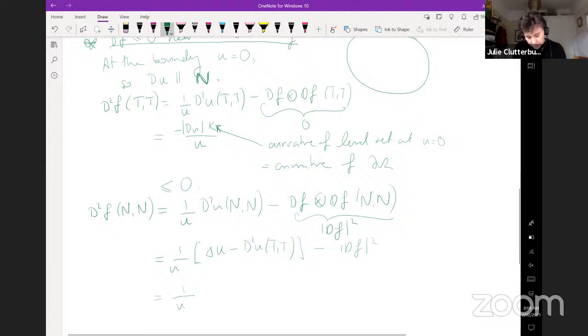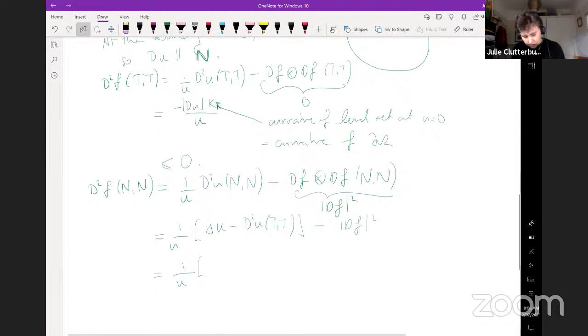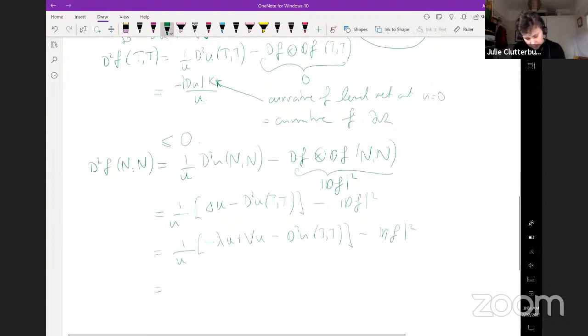Then we can use our equation. So this is minus lambda u plus vu minus... so here we've got our eigenvalue.